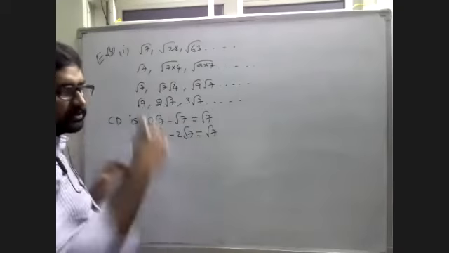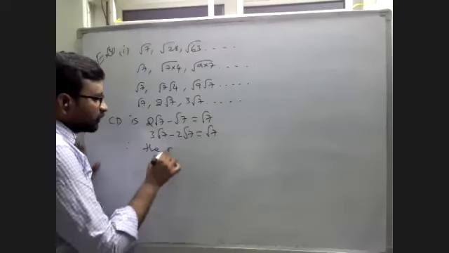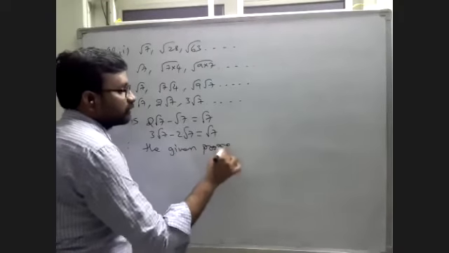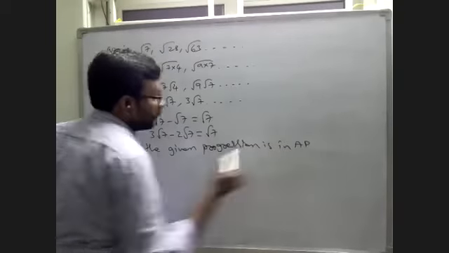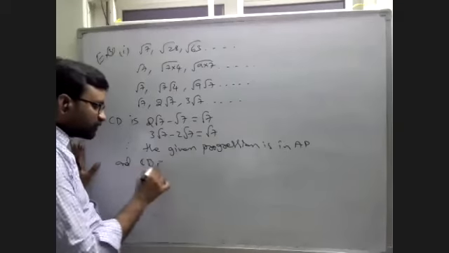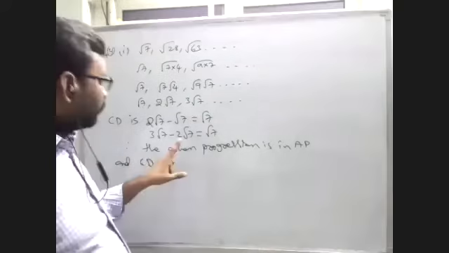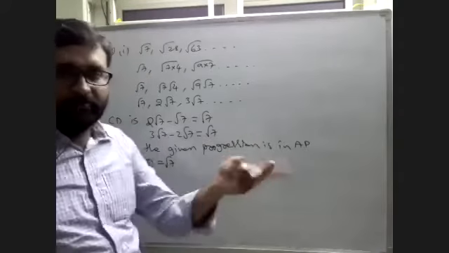So you are getting the common difference the same. Therefore, the given progression is in AP and common difference is equal to root 7. First one, showing that it is AP, finished. Second one asking common difference, finished.